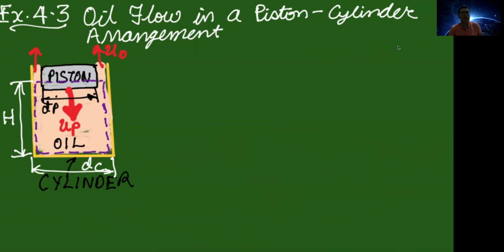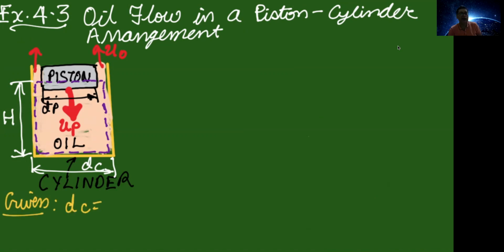Note that when the piston is moving inside the control volume, the fraction of solid inside the control volume will be increasing, and the fraction of the liquid will be reducing. The volume of the control volume is constant, but when the piston is entering the control volume, more solid is entering, so certain fluid has to leave. That's why the oil is leaving from the top.